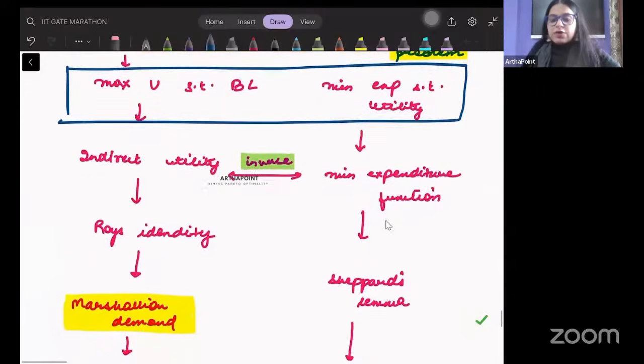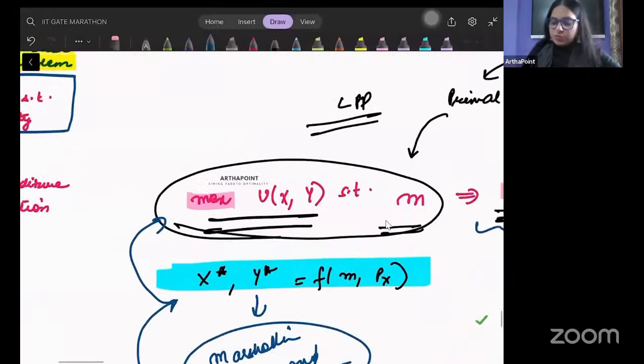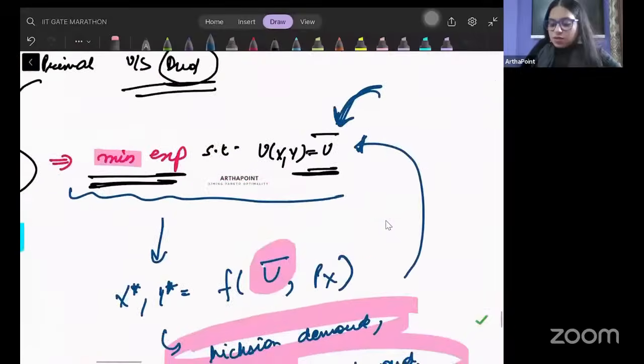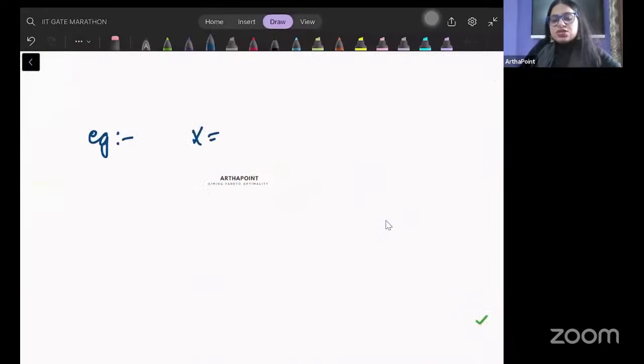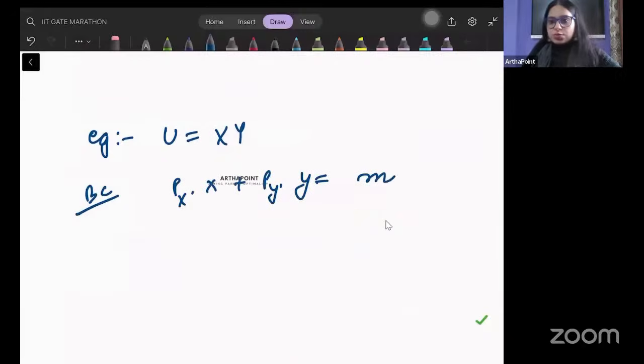Now, what we will get from this is something known as the indirect utility function. मतलब, for example, beta, I am given u is equal to xy. And my budget constraint is px into x plus py into y is equal to income of the consumer.